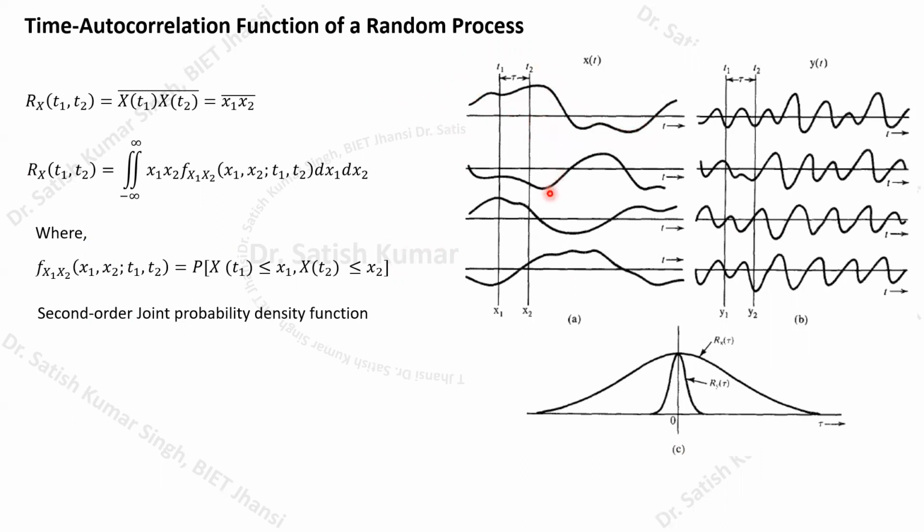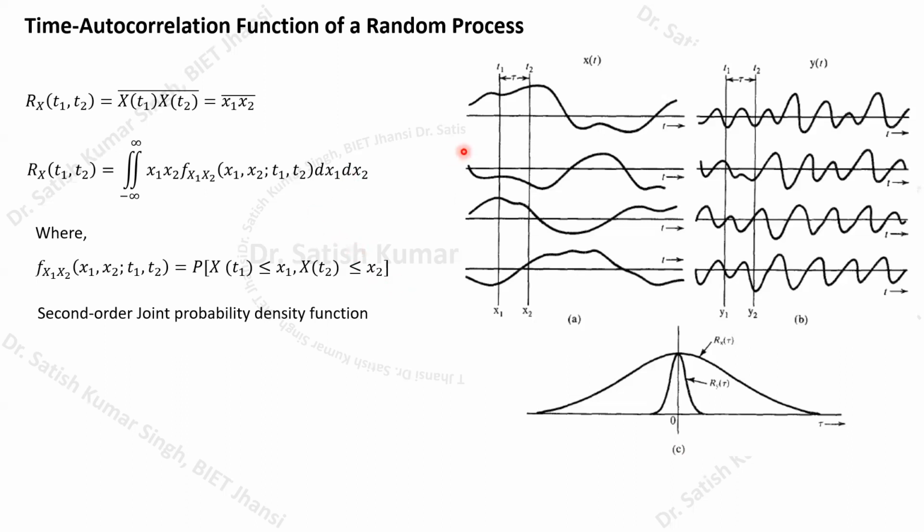If you wish to calculate the time autocorrelation of a random process, because as I said many times, when we discuss noise in a communication system, that noise will be considered a random process. And then the calculation for the power spectral density function will be a little bit different from the case of deterministic signals.